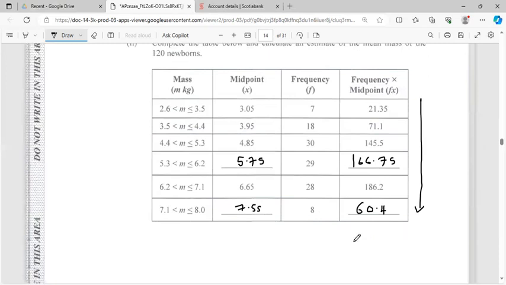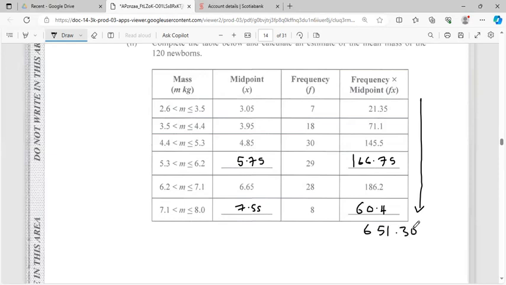So I'm just quickly adding this up in my calculator. 21 plus 71.1 plus 145.5 plus 166.75 plus 186.2 plus the 60.4. Of all of those numbers, that gives me 651. So the total would be 651.3.